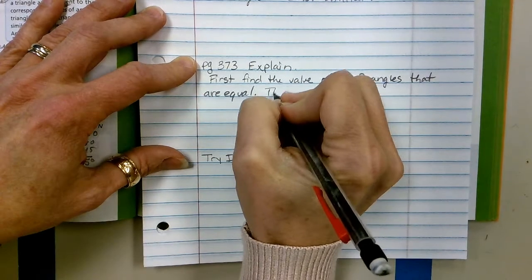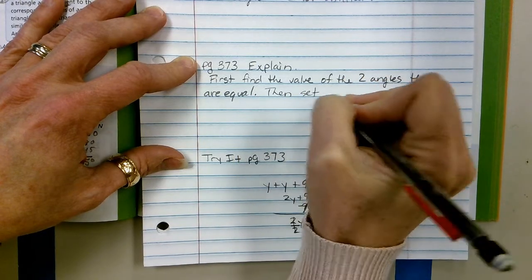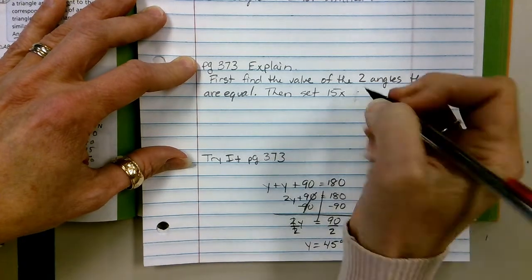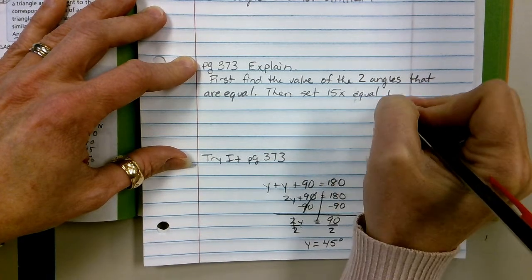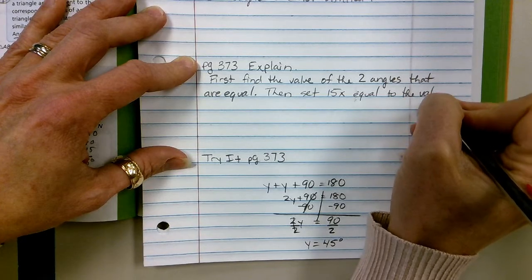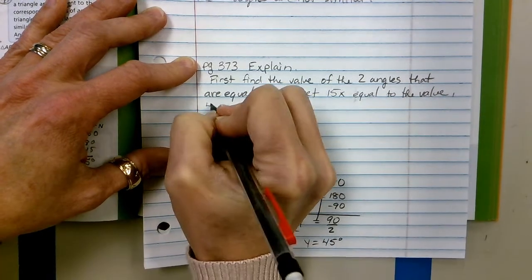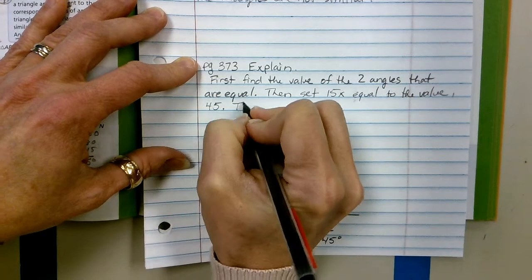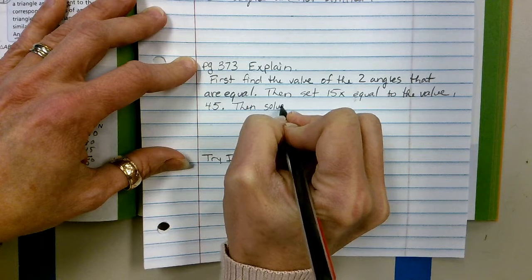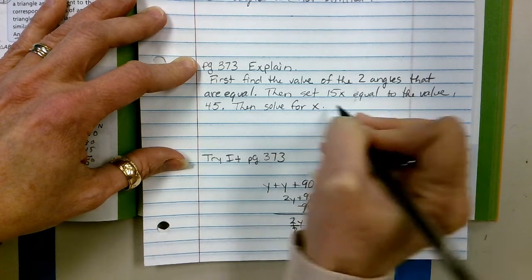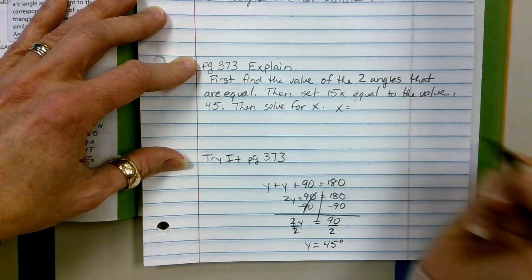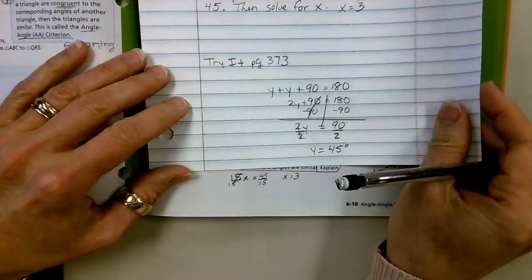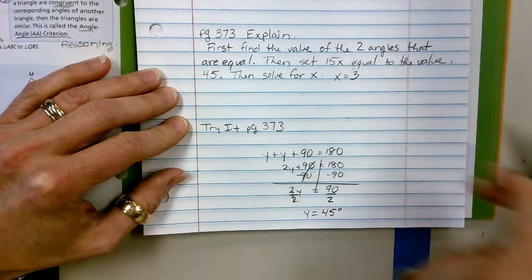Then set 15x equal to that value, which is 45. Then solve for x. X equals 3. Correct? Let me double check. Yep. This is your explanation.